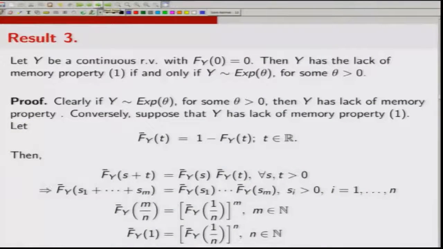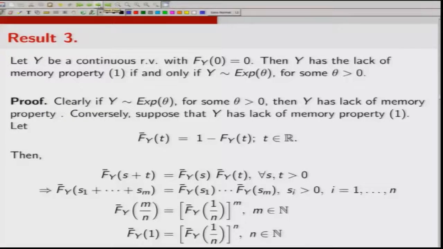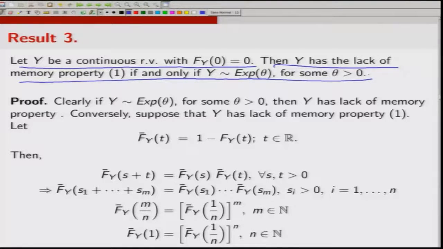In fact, it so turns out that among continuous distributions concentrated on 0 to infinity, the exponential distribution is the only distribution which has the memoryless property, which is given in the form of the following result. Let Y be a continuous random variable with F_Y(0) = 0. Then Y has the lack of memory property if and only if Y is exponential theta for some theta greater than 0.